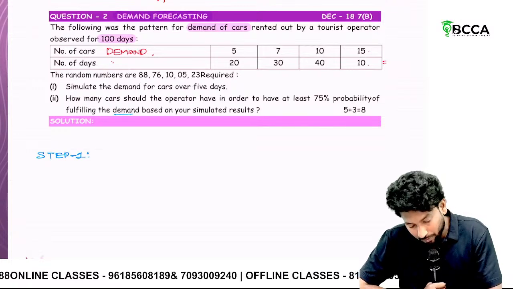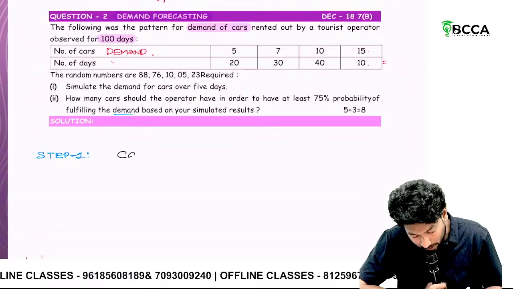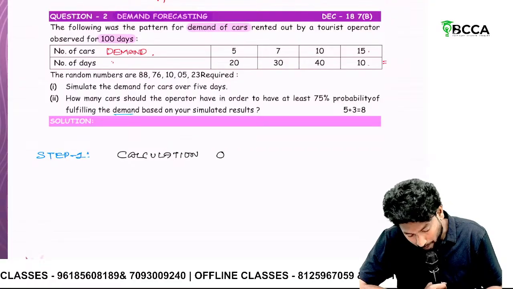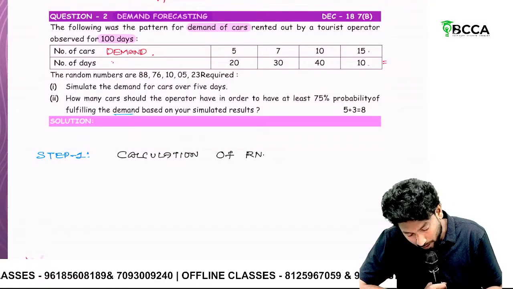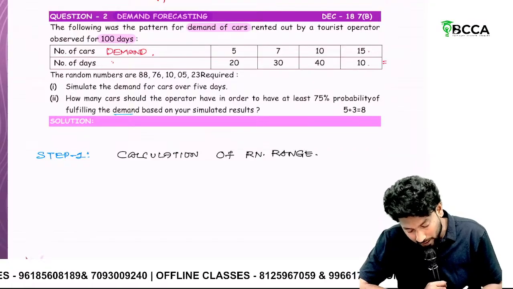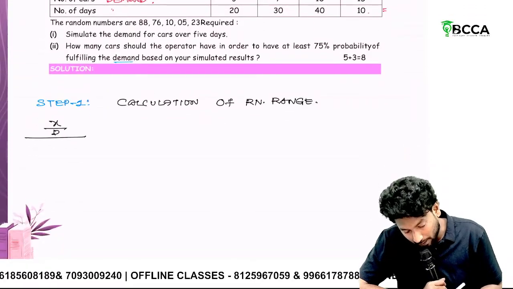Step 1. What is this step, sir? Calculation of random number range. Take decision variable x, nothing but demand, sir. X is demand.